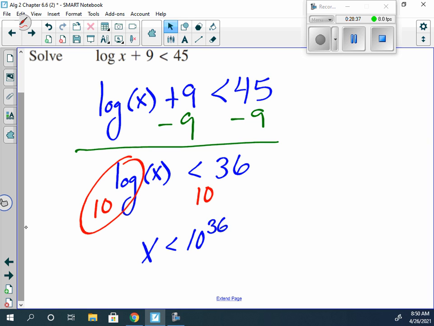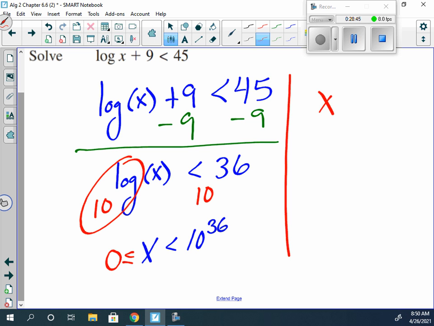Now, since x is by itself, because inside the log we just have x, and it has to be greater than or equal to 0, well, we just have this here. Any questions on this here? Okay.